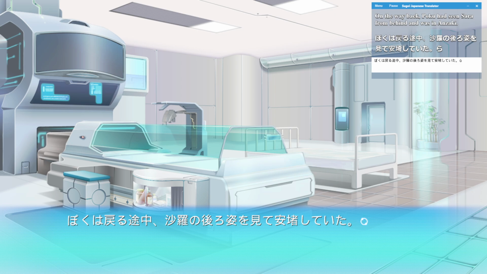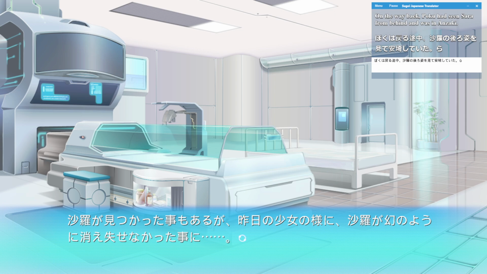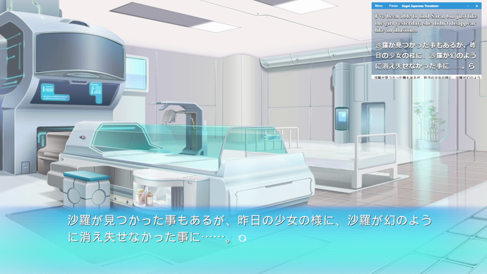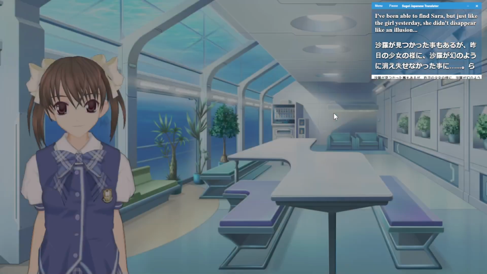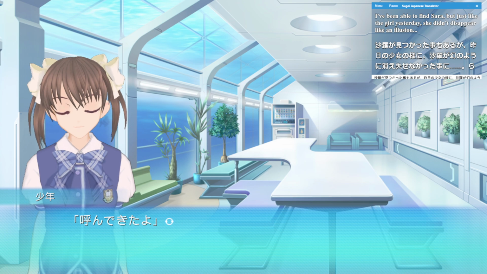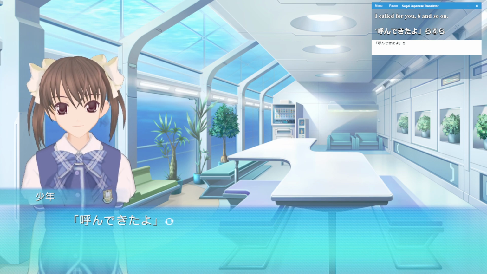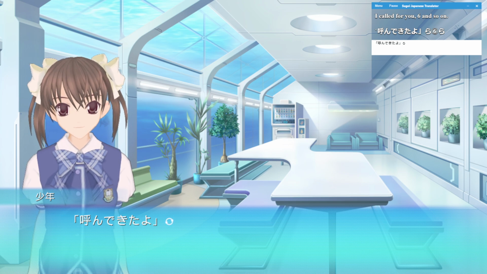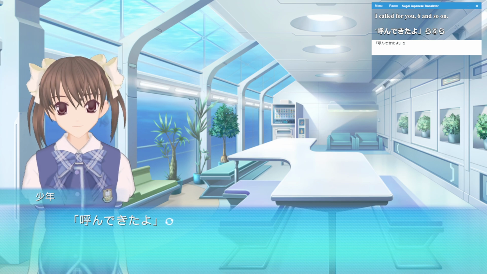It kind of looks like the kanji for cheap, that Yasui kanji, but then the one right after it, I don't know. I've been able to find Sarah, but just like the girl yesterday, she didn't disappear like she was an illusion. Huh? I guess it's I called her.